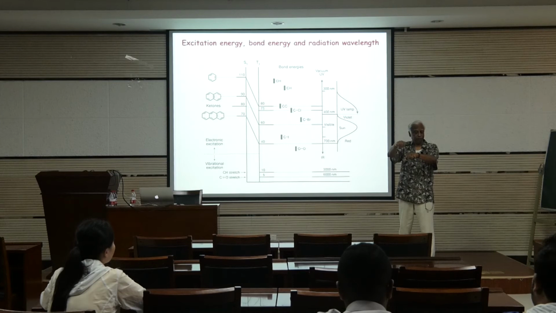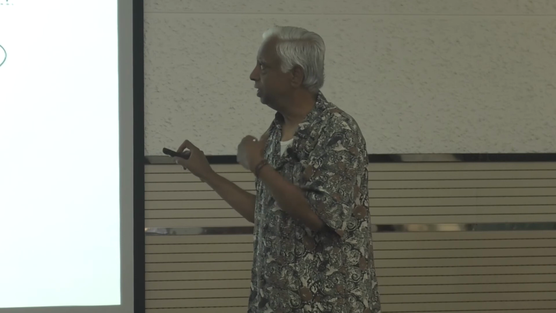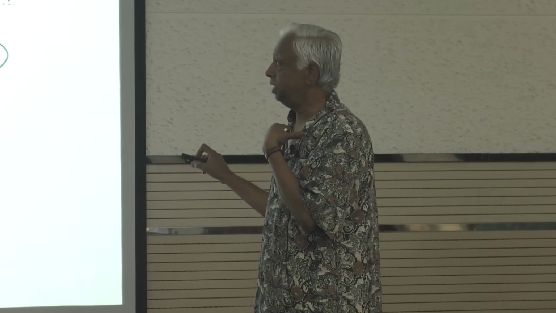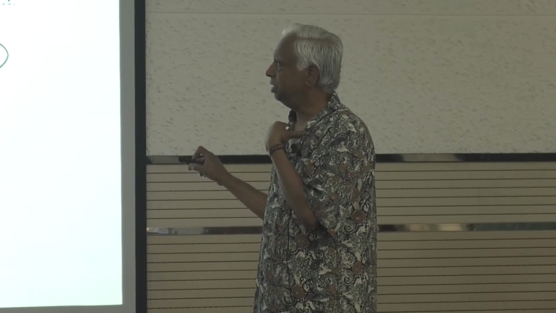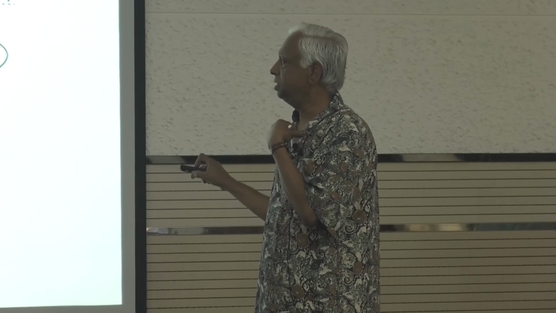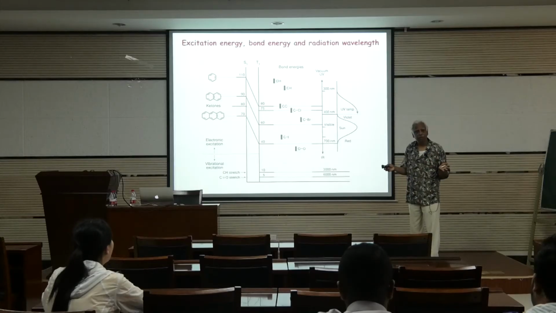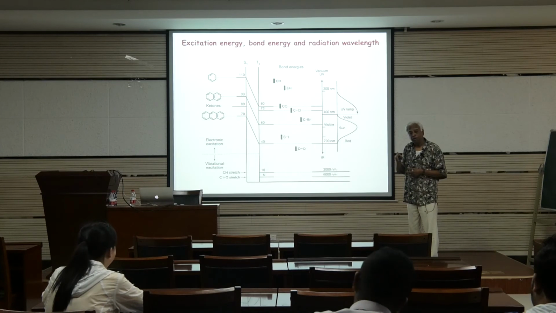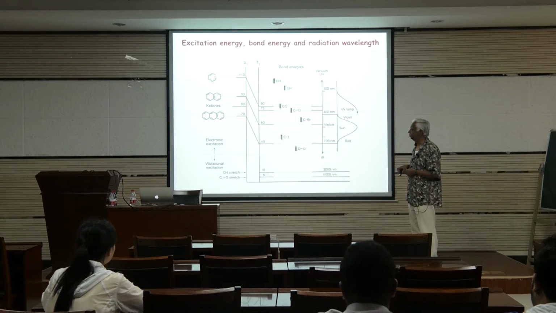If these two have the same spin, it is called triplet. And the energy of these two electrons, if the spins are the same or different, is not the same. Okay, that's what you see here. Benzene, the triplet state is 80, naphthalene is 75, anthracene is 60, so it varies. Always you see here, it is lower than the singlet.